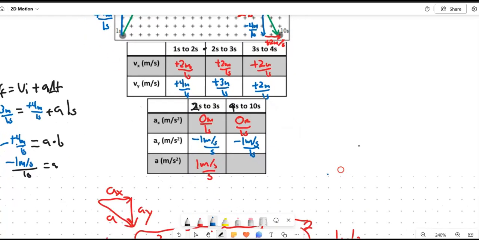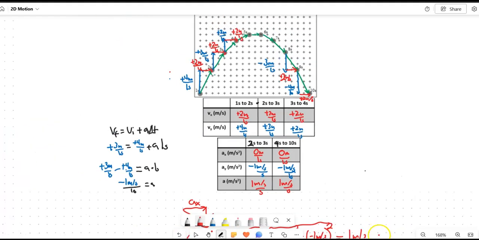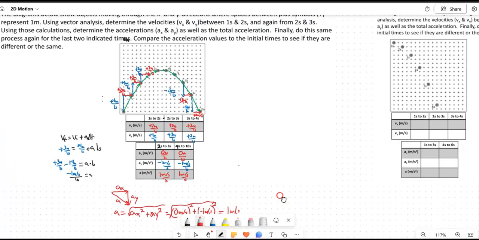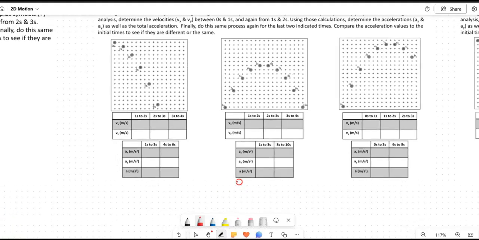And again, what you find out, the overall average acceleration is 1 meter per second. Okay, so this is what you're supposed to do across all of these, and I'll correct these to make sure it makes more sense.